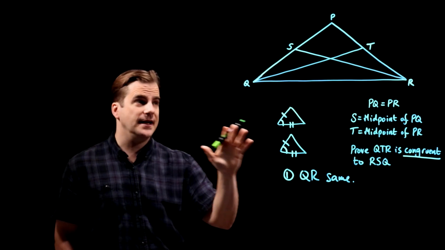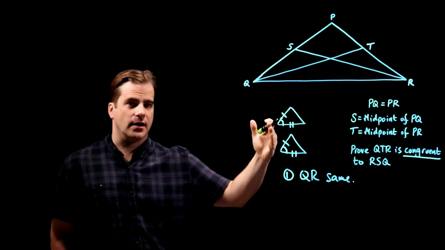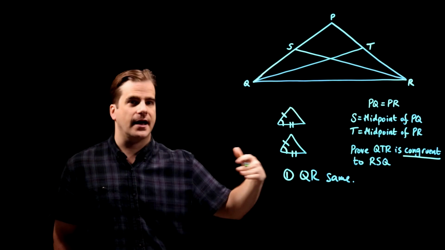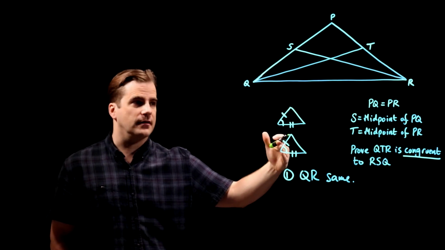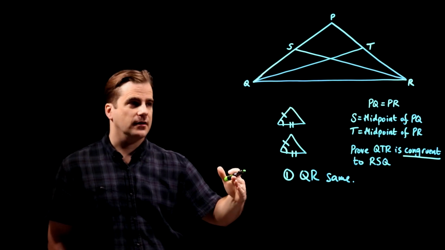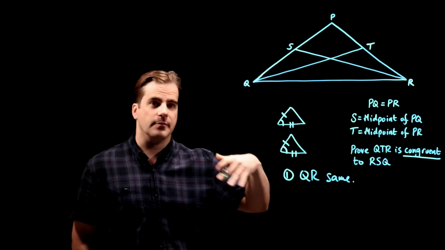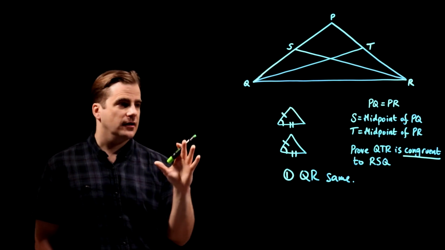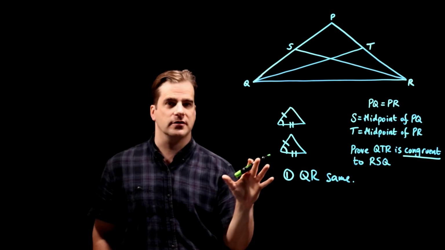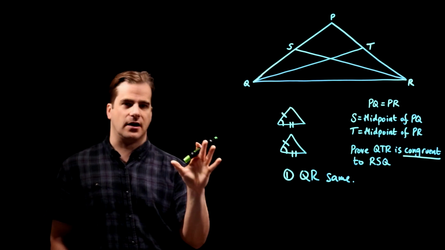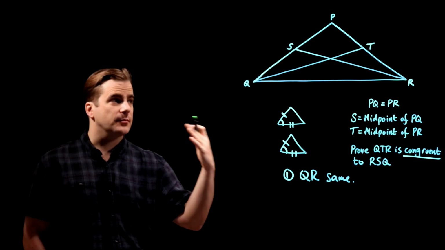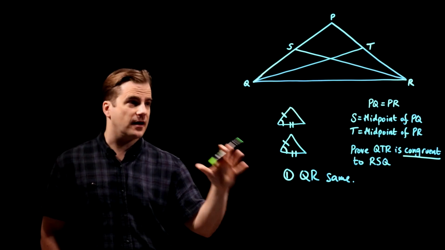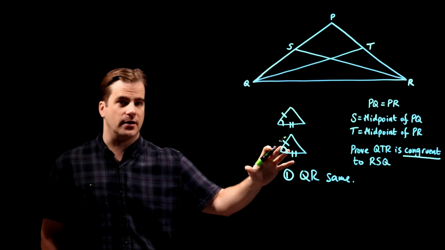You don't need to know where you're going and exactly how you're going to solve it in order to start the question. You can get started and it becomes clear during the question how you're actually going to get the answer. So this is an important exam question answering skill. It's important to get used to being able to start a question even if you don't know where you're going.